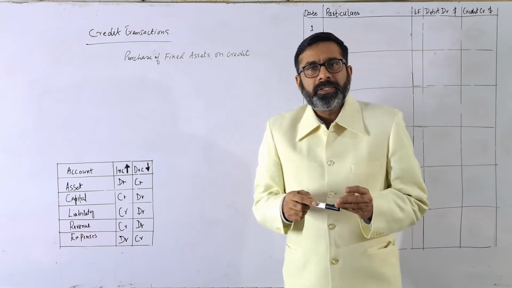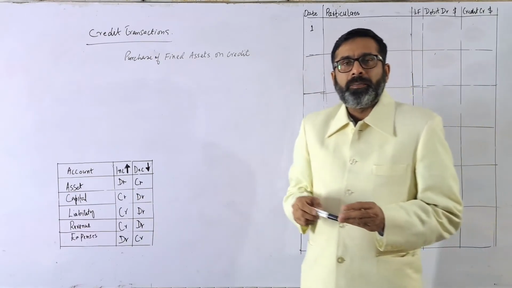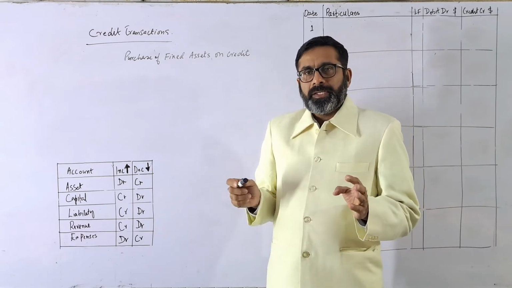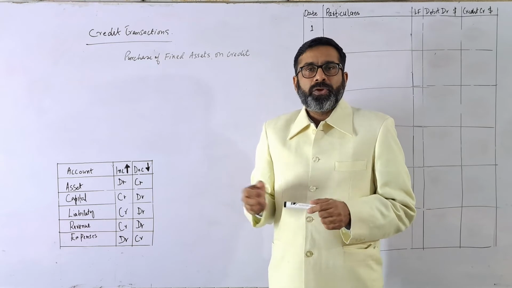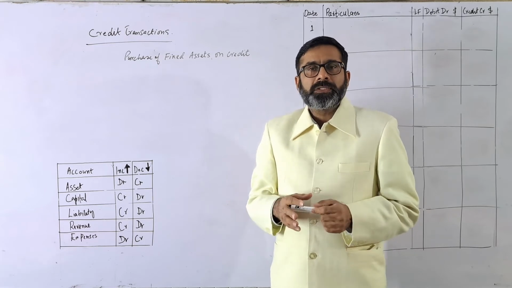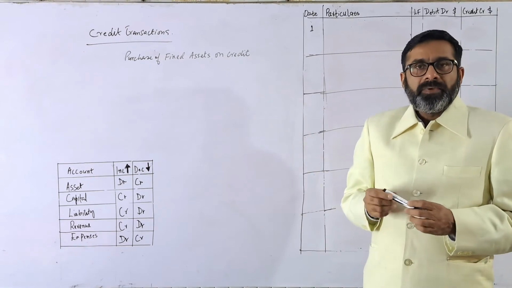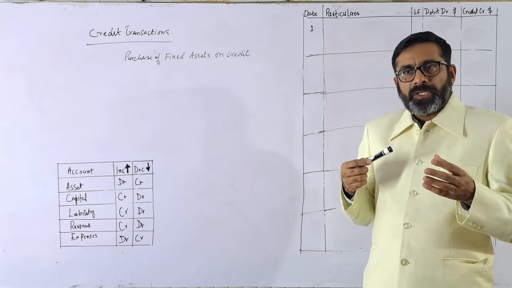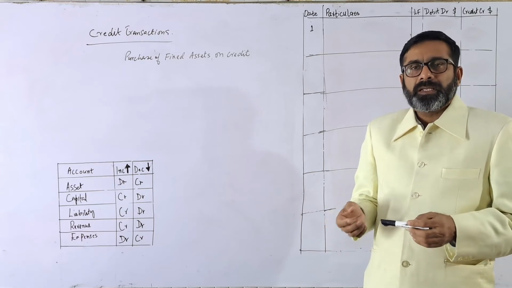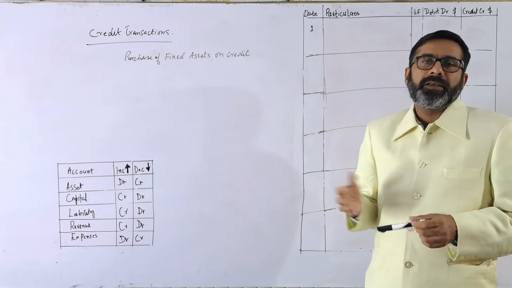We have land, building, furniture, machinery, vehicles, fixtures, equipment, even computers or tools. All will be considered fixed assets, which have a useful life of more than 1 year, and that are purchased by the business for use, not for resale purposes.